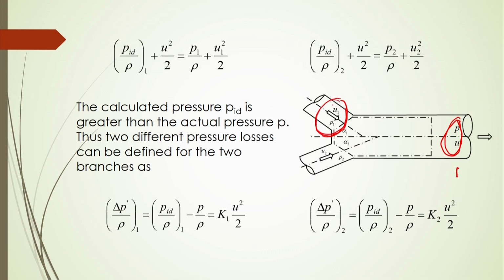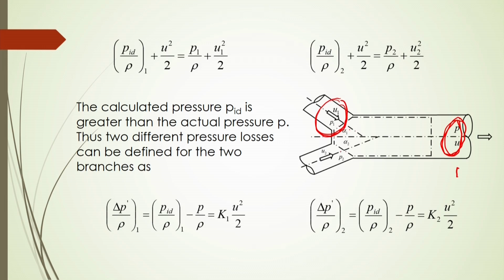So, within these sections we are getting this Bernoulli's equation as P_id by rho at section 1 plus u square by 2 is equal to P_1 by rho plus u_1 square by 2.